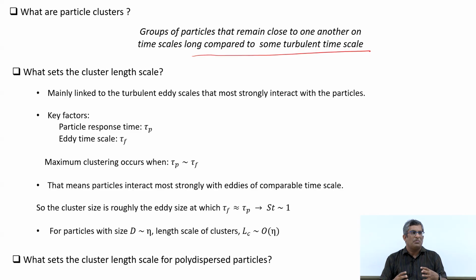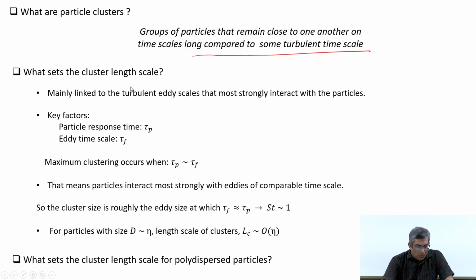If they are dispersing out before that, then it will not have much effect. So, we call those groups of particles clusters whose lifetime is comparable to turbulent EDs. And this only dictates the length scale of the clusters.